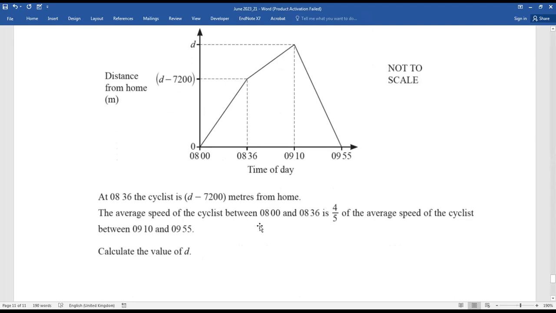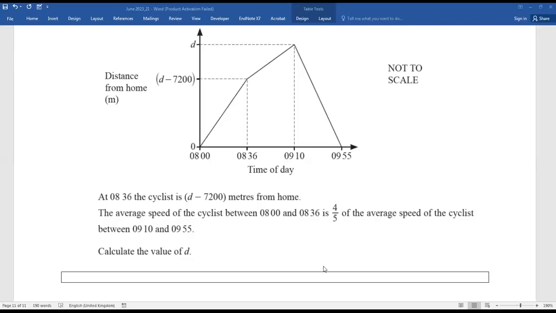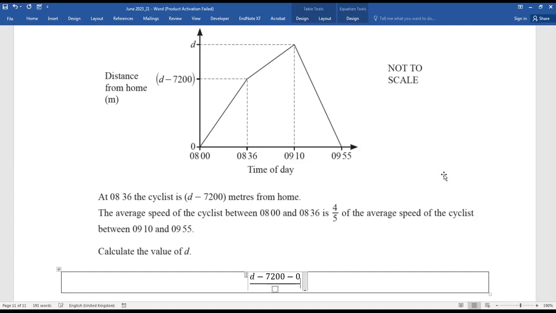The average speed of the cyclist between 8 and 8:36 is 4/5 of the average speed of the cyclist between 9:10 and 9:55. It has already given us the relationship of speed, which is technically the gradient. So if I were to find the gradient of the first part, how will I do that? y2 minus y1, which is d minus 7,200 minus 0, upon x2 minus x1.